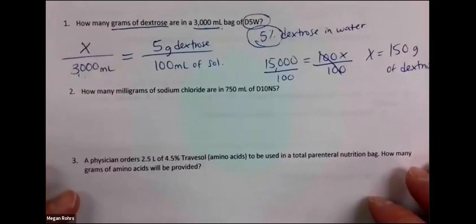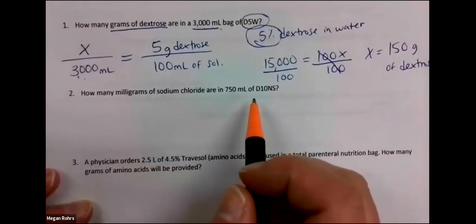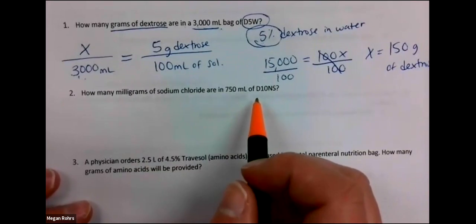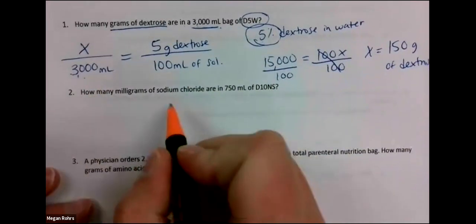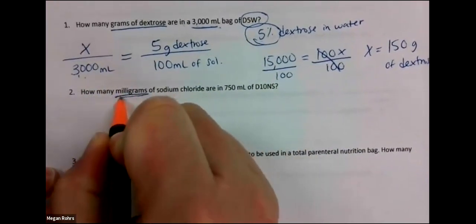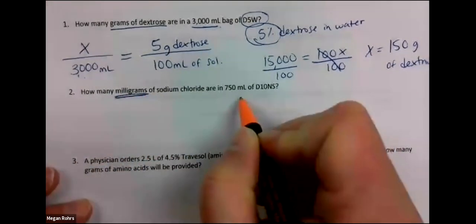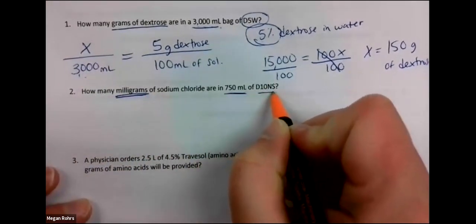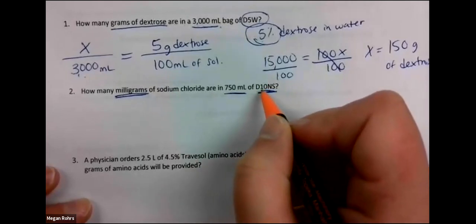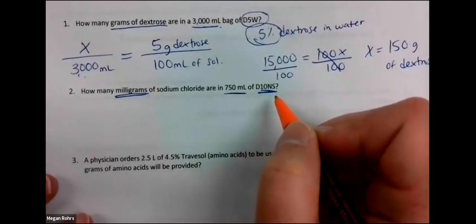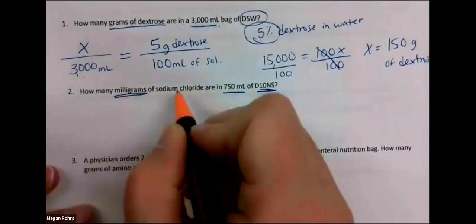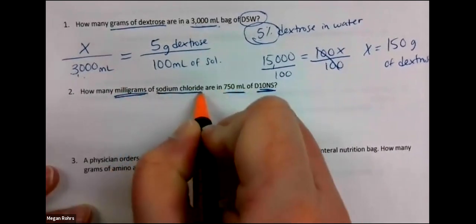Now, what I want you to do is solve number 2 on your own. But take a look at number 2, it's asking for how many milligrams of sodium chloride are in 750 mils of D10NS, excuse me. So also, they're asking for milligrams of sodium chloride.